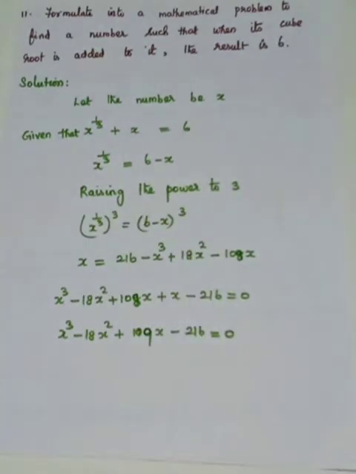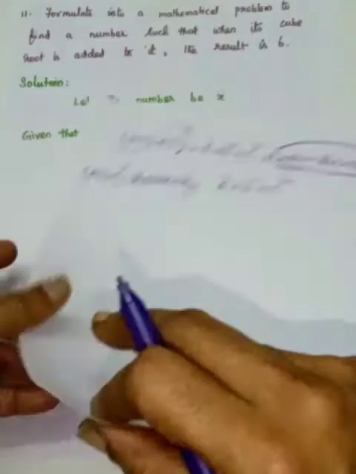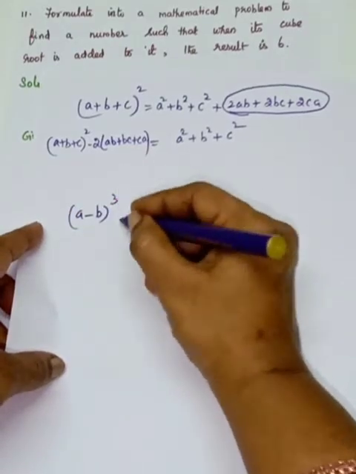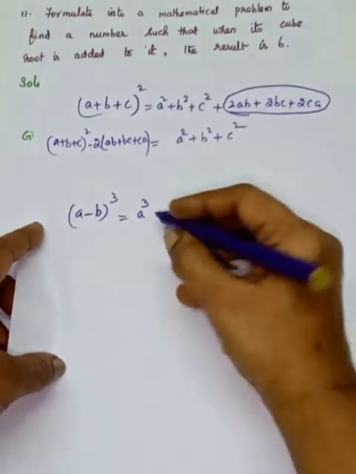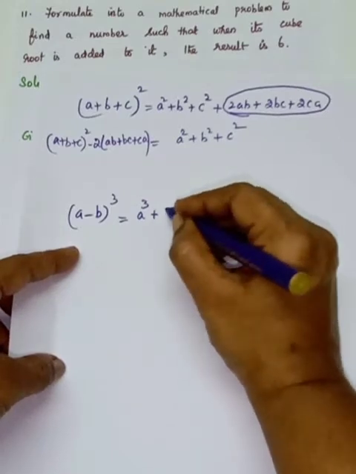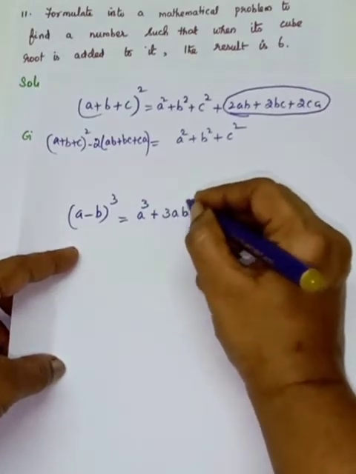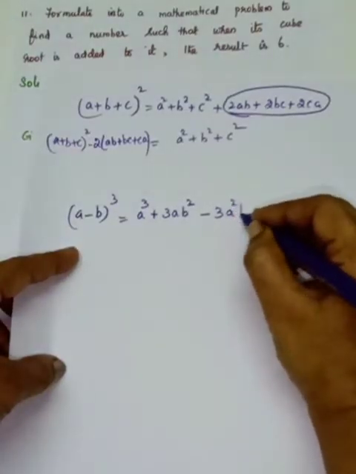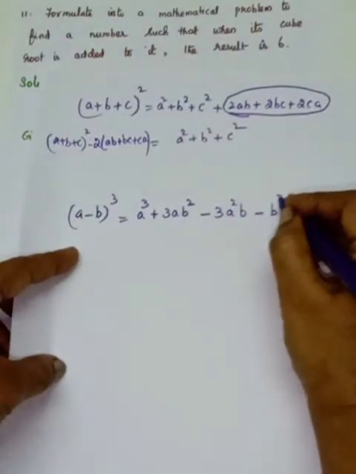Here you have to use the (a minus b) the whole cube formula. What is (a minus b) the whole cube? It is a cube plus 3ab squared minus 3a squared b minus b cube.